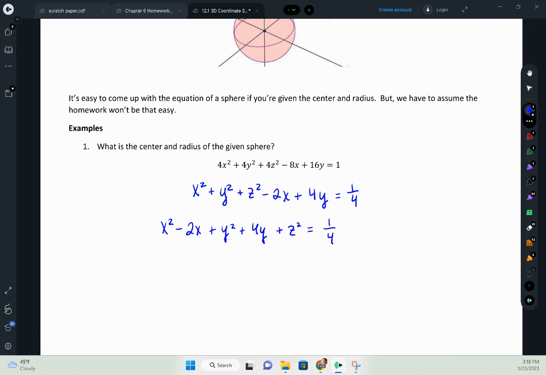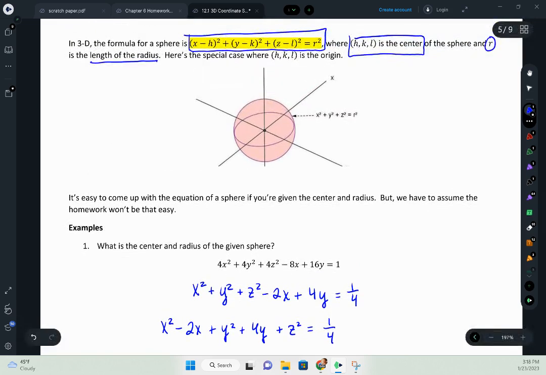Okay, now going back up and looking at the standard form for a sphere right up here, it looks like I need my x^2 - 2x to be factored, but it only has two terms, and I'm not going to write it as x times (x - 2). That doesn't give me any information. What I need to do is complete the square on that.